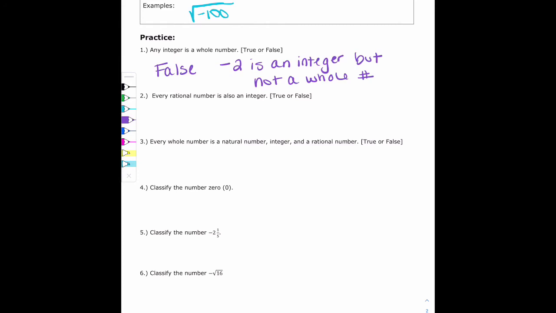Number 2, every rational number is also an integer. This is also false. Again, when you're trying to determine true-false questions like this, see if you can find the one exception. And most of the time, there's more than one exception. So here, think of a rational number that you know is not an integer. Well, 1/2 is an example of that. 1/2 is a rational number, but it's definitely not an integer.